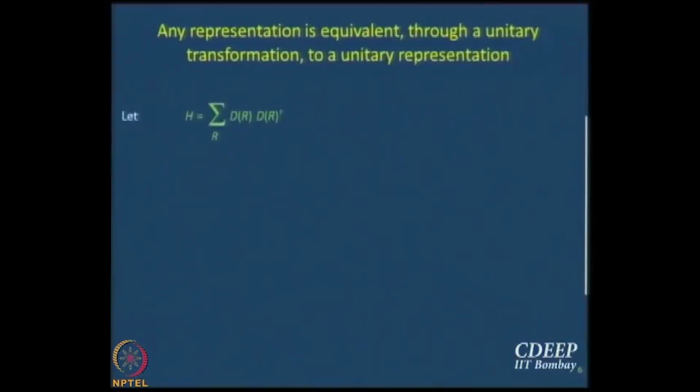Let us say that we define a matrix H as the sum over R of DR into DR adjoint. So, what am I doing here? For all the symmetry operations that are there, let us say C3v. What are the symmetry operations? E, do not forget E, then C3, C3 squared, sigma v1, sigma v2, sigma v3, or sigma vA, sigma vB, sigma vC, whatever way you want to put it.